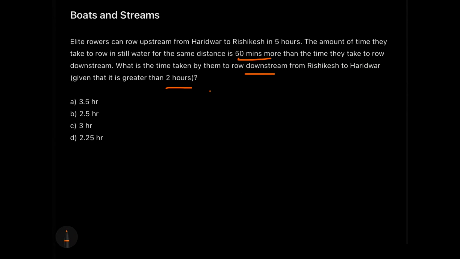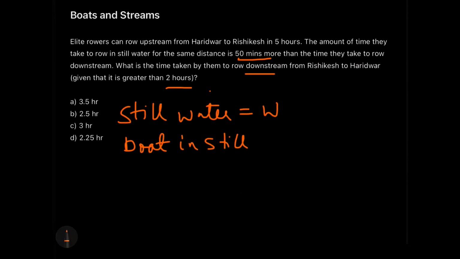First of all, the first information given is the upstream time. For that, let us start with some assumptions. I will assume that the speed of water is W, and I will assume that the boat speed in still water is r. These are two assumptions of mine.